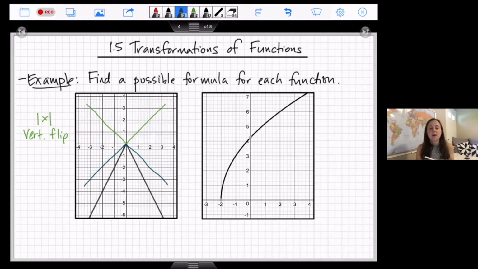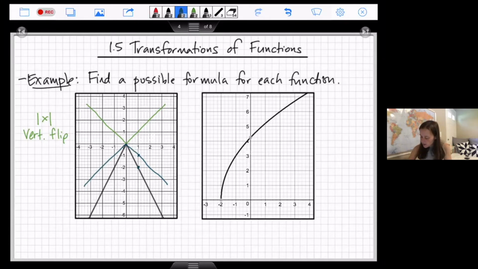So let's figure out by how much it got stretched vertically. Just pick a blue point on this graph. It used to have a y coordinate of -1. Now it's got a y coordinate of -2. Remember that these stretches are done by multiplication. So it looks like maybe I've multiplied by 2, but I want to double check. Pick something like here.